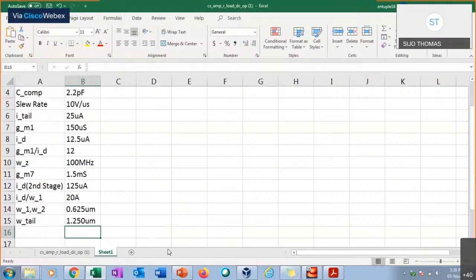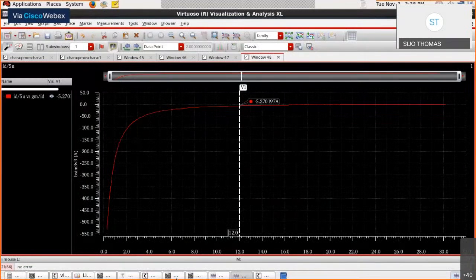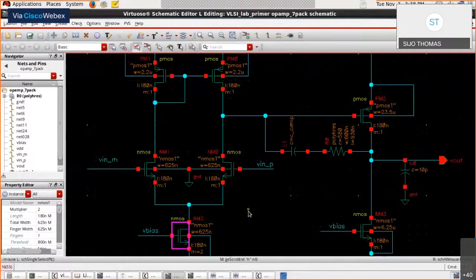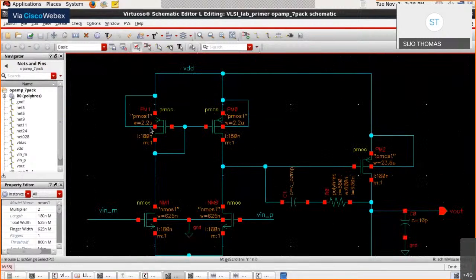Okay. Now for the mirror load, so we can just see the transistor number there for the PMOS. In the schematic, look at the PMOS number there on the top. Yeah, so it is PM1 and PM0.